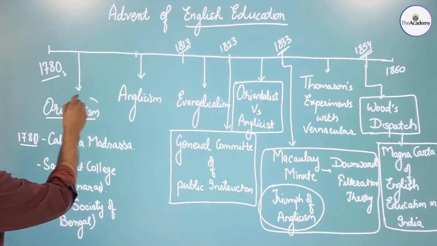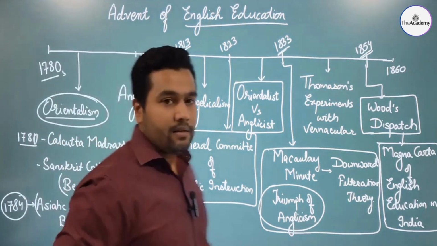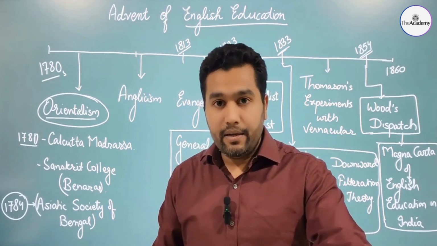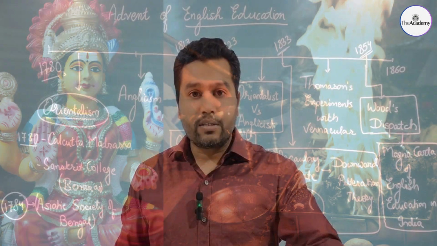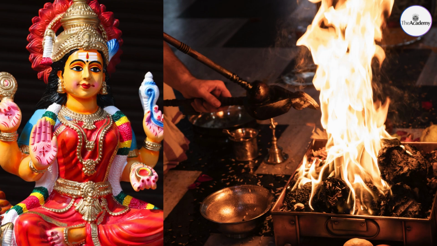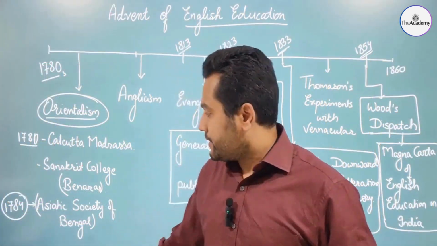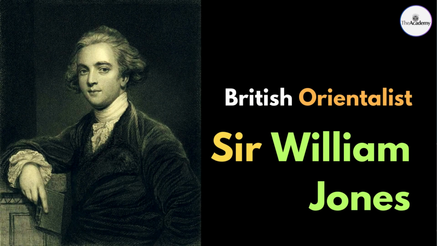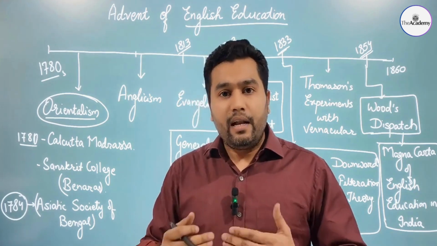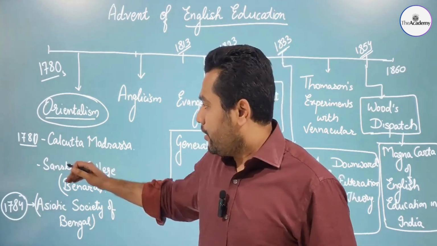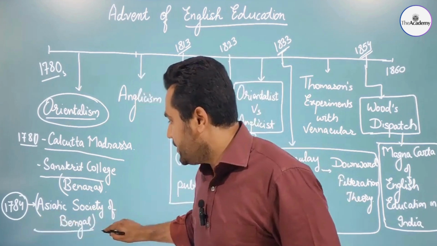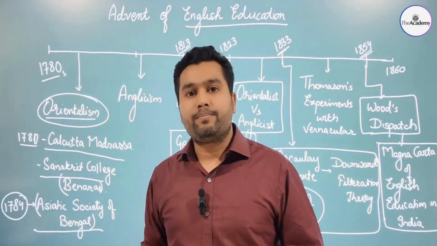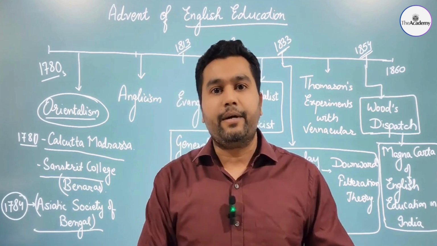So when you are talking about the Orientalists, they aimed at learning Indian culture, Indian language, Indian tradition, Indian customs, and they had a respect for India. So prominent Orientalists, Sir William Jones, and those who spent a significant time period learning Indian language and customs and laws, they all played an important role in producing the initial knowledge for the British to understand India.